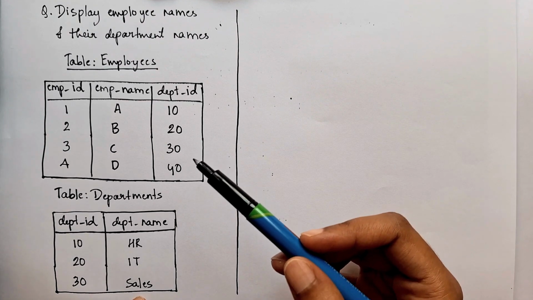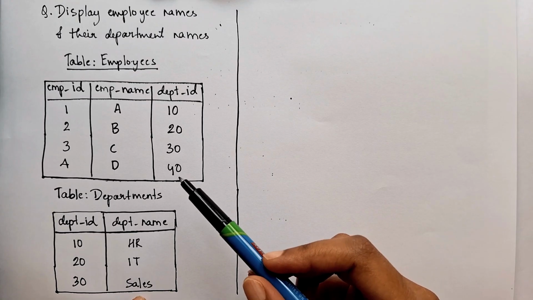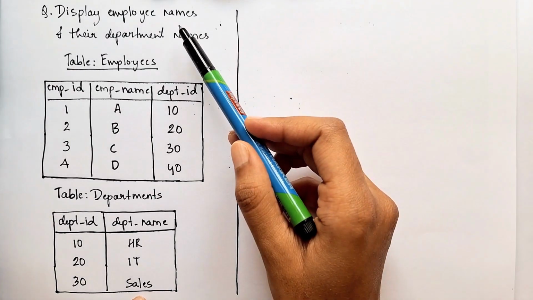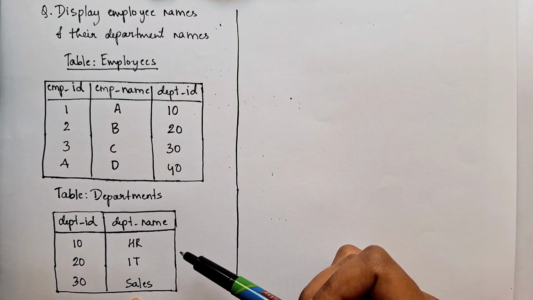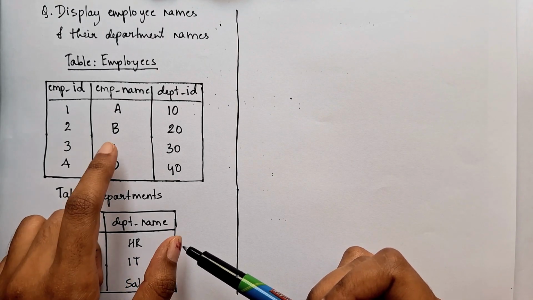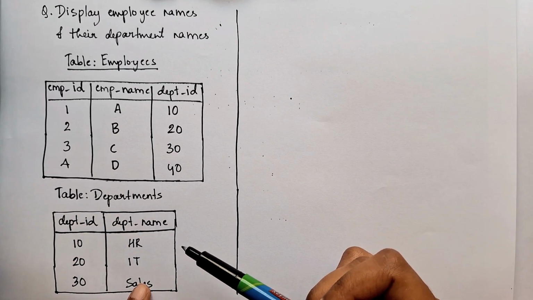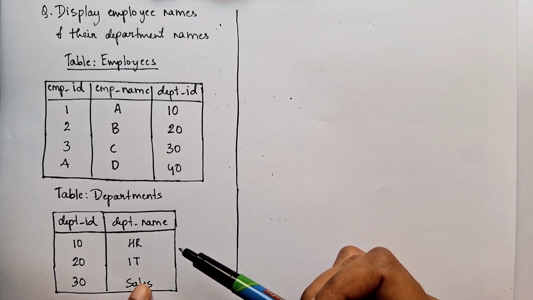So here we need data from both the tables because they're asking both employee name as well as department names. So employee name comes from employee table, whereas department name comes from departments table.